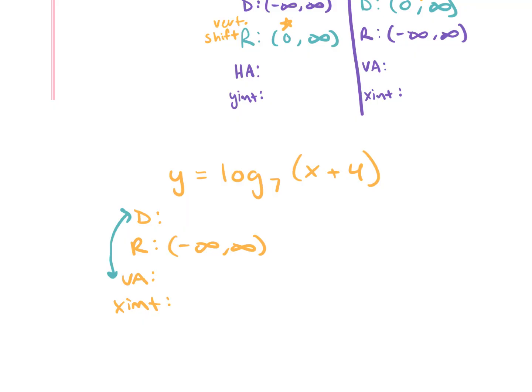To find the domain and the vertical asymptote, we set whatever's in the parentheses equal to 0. So we have x plus 4 equals 0. So when we solve here, we get x equals what? Negative 4. So our vertical asymptote is going to be x equals negative 4. How do you think we write that for our domain? Negative 4 to infinity. Perfect.